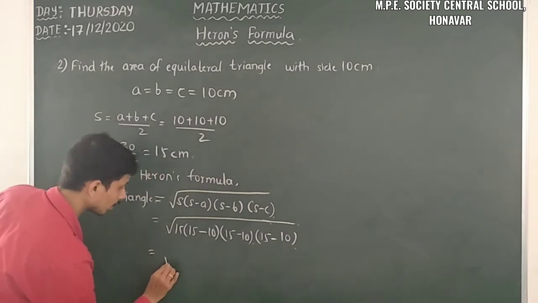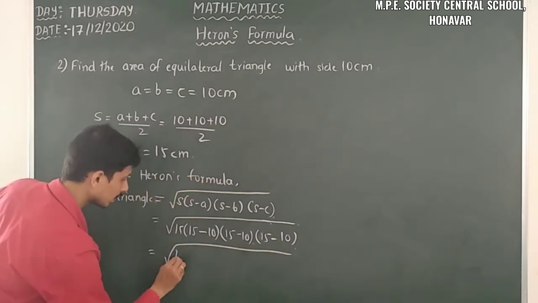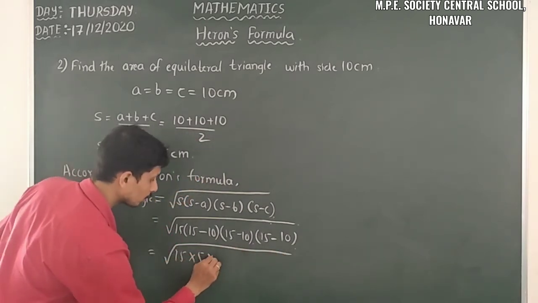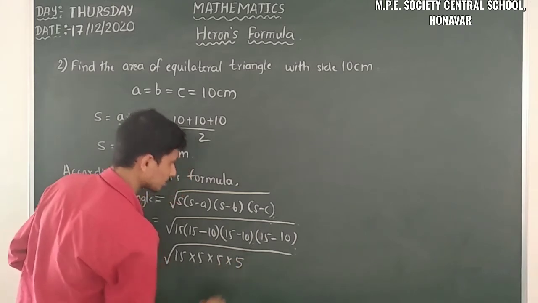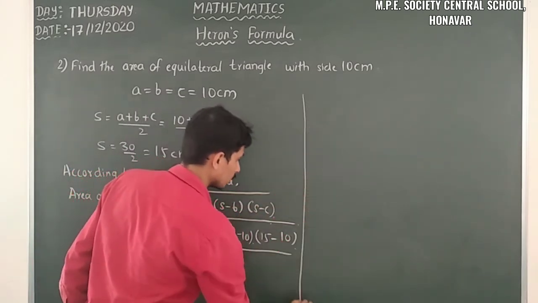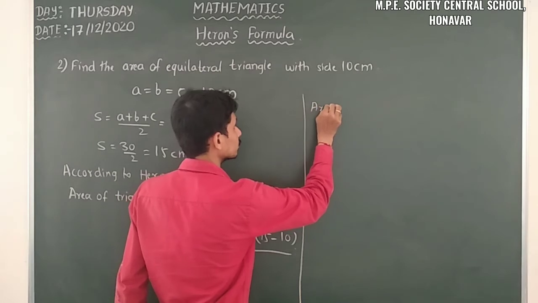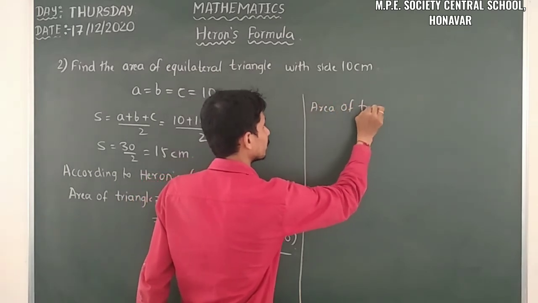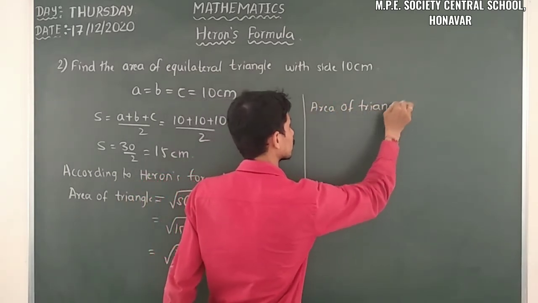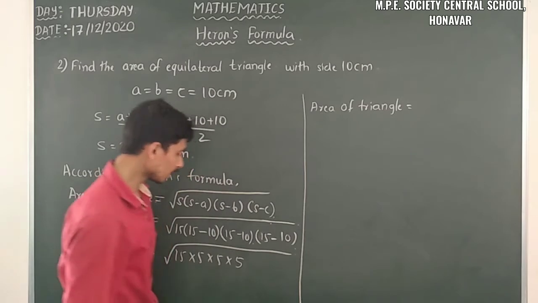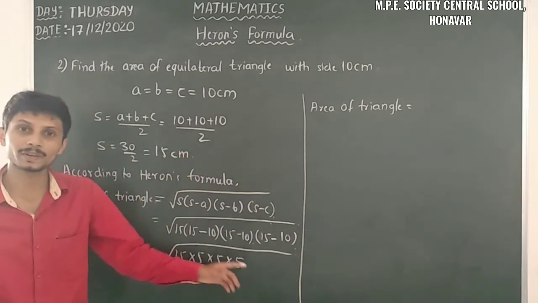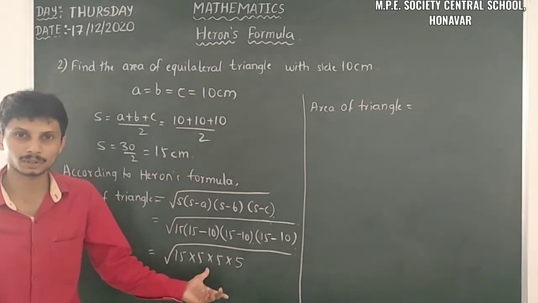So s is equal to 15 and c is 10. So the area is equal to square root of 15 into 5 into 5 into 5. Here we can directly multiply, it is possible.